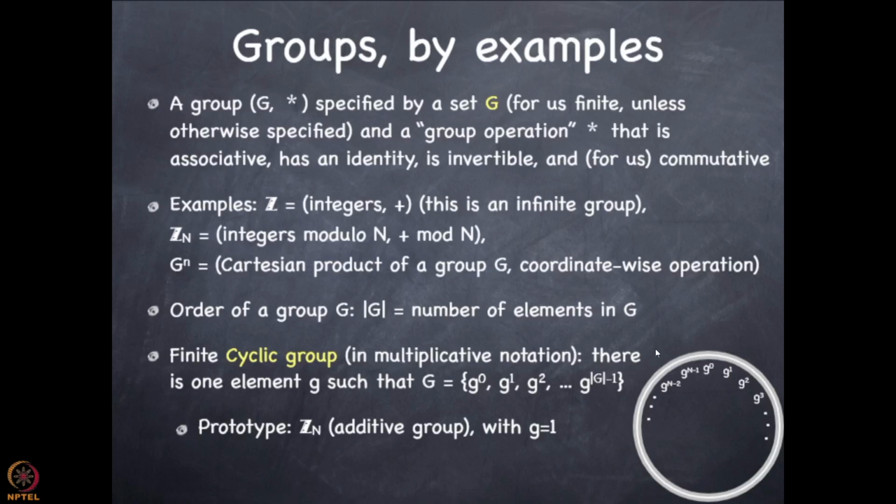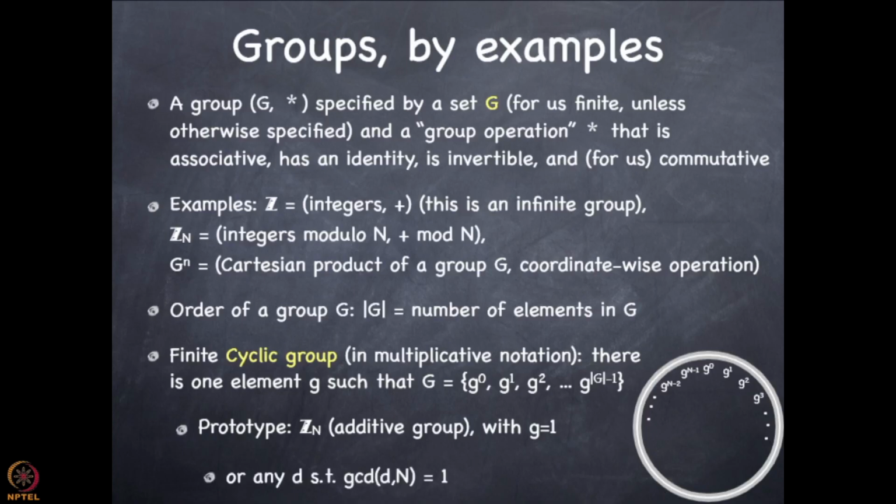And when you have g to the n minus 1, you multiply it by g once, you will get g to the power n, which is the identity element. That will always be the case, g to the power n will be the identity element, but what's important here is that you will not hit the identity element before that. That's what a cyclic group entails.